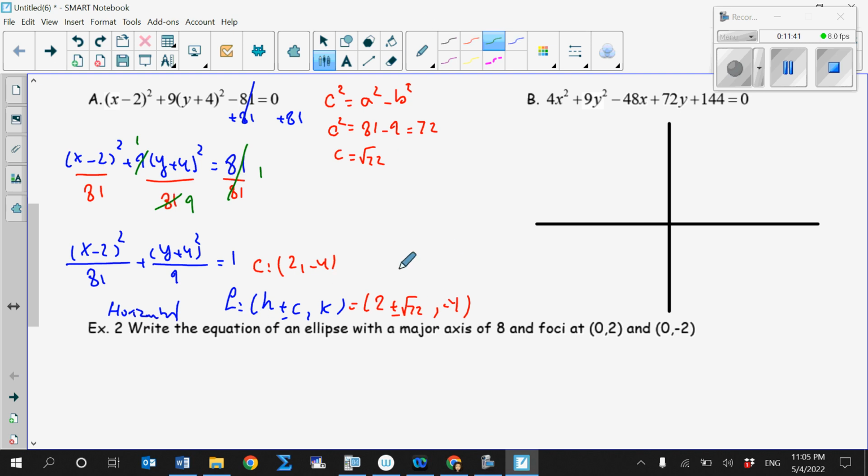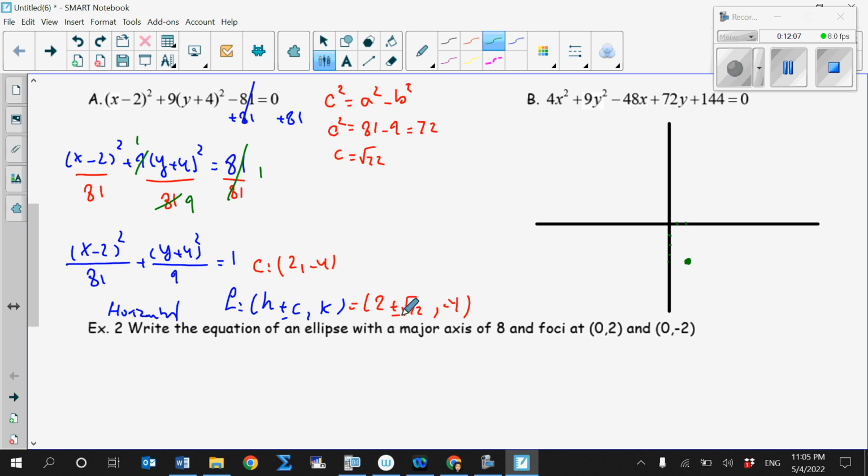Okay, now I'm ready to graph this ellipse. The center is at 2 and -4. So let's say here 2, 1, 2, 3, 4. This is the center of this ellipse. Now to find the focus points, I need to go 2 plus and minus square root of 72 to find the x of the focus point.